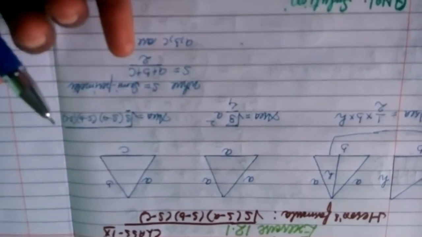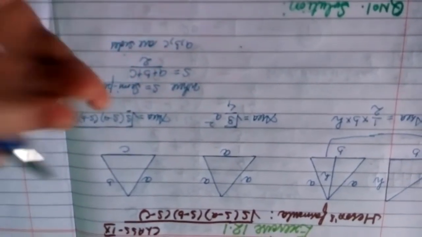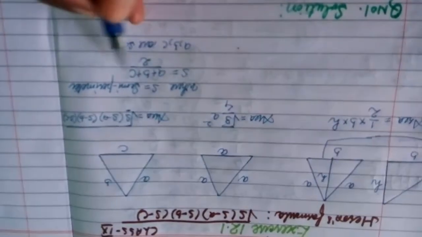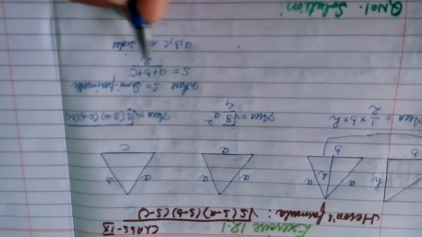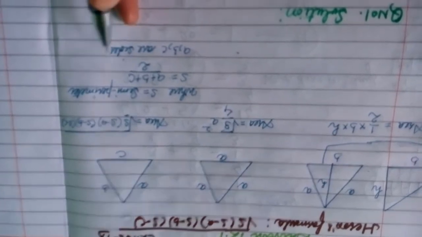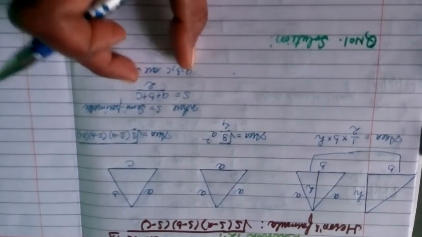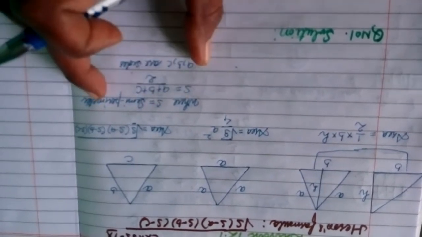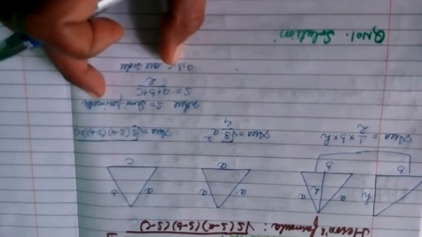And what will be the semi perimeter then? Semi means half. So the semi perimeter will be half of this perimeter, that is, a plus b plus c upon 2. Why upon 2? Because the perimeter is a plus b plus c, and semi means half.